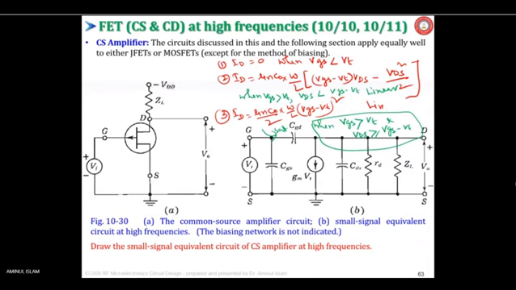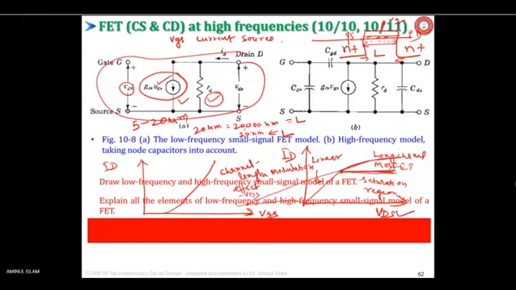But the point here was that the small signal model of the MOSFET is given here, represented simply by this one, figure A, without taking into account the capacitances.